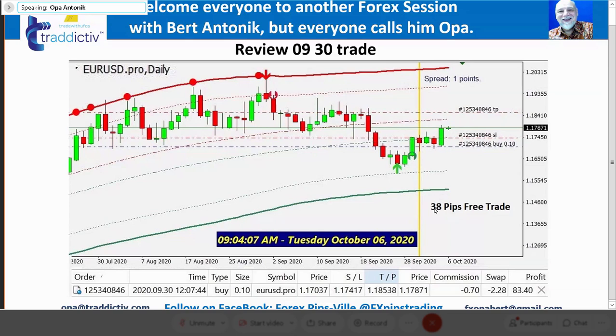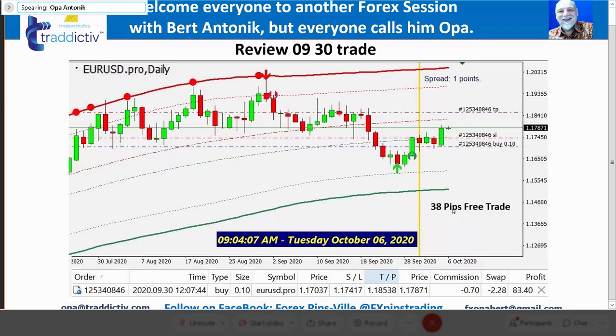So I had about a 38 pips free trade. So worst case scenario, what would happen is that if price pulled back, I would not lose.